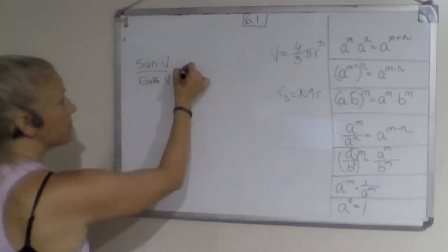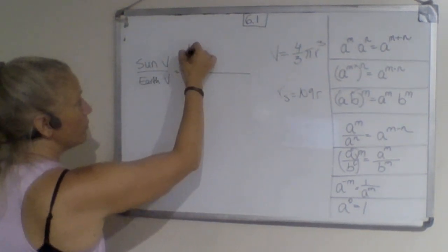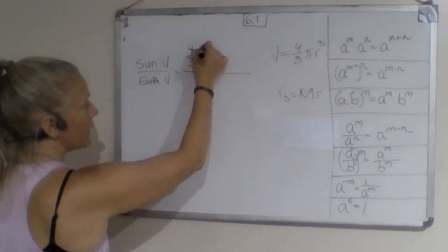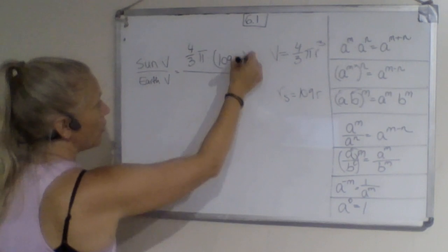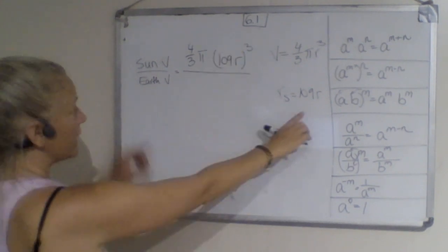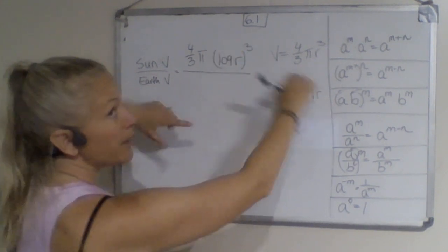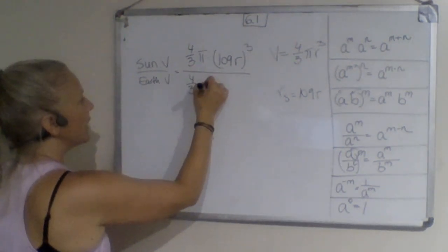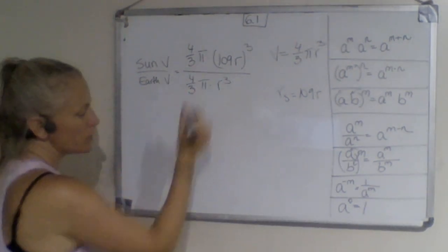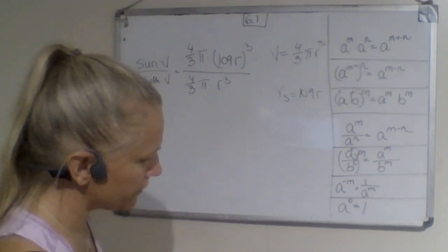So let's go ahead and replace the top volume. 4 over 3 times pi times 109 r all to the third. Why? Because the radius of the sun is 109 times the radius of the Earth. The bottom is 4 over 3 pi times r to the third. That's all you have, right? There's no difference in here.